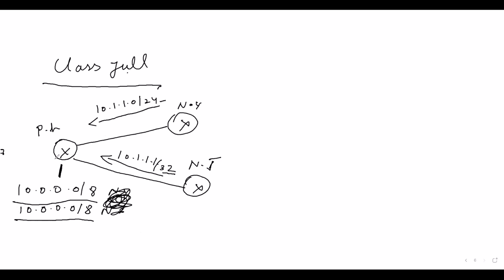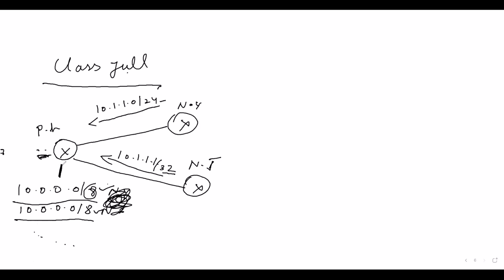So this time my router cannot take action on where to send data, because the subnet mask information is changed by default to /8. That's the problem in classful. Your information is changed to /8 by default. If there is /27 or /28, it doesn't matter, it will change to /8.